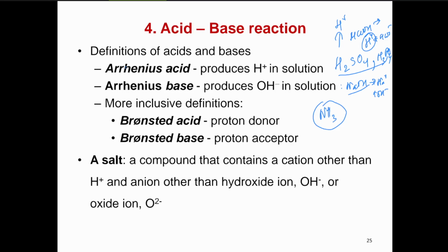However, NH3 cannot produce OH minus in solution. So we get stuck with the Arrhenius definition for a base. So they proposed, okay, when you put this in water, it will reach this equilibrium, and it's NH4 plus and OH minus. So you still produce OH minus. So it seems that NH3 can fit the definition made by Arrhenius.